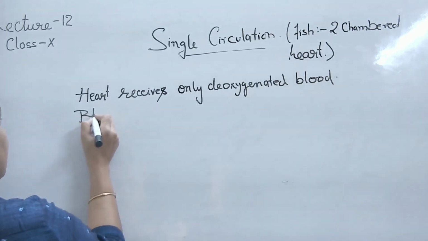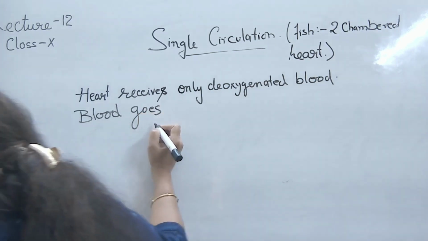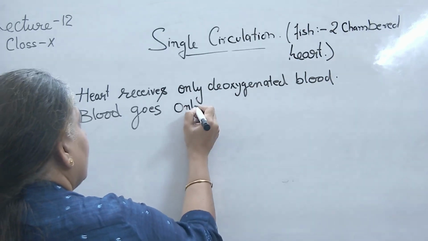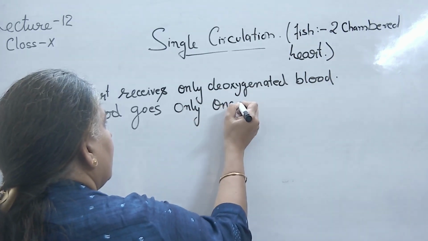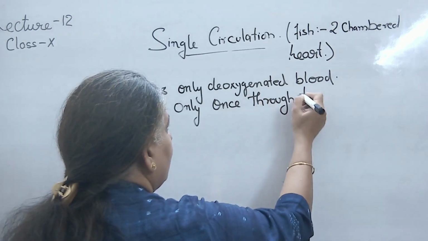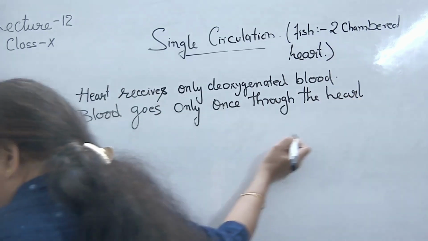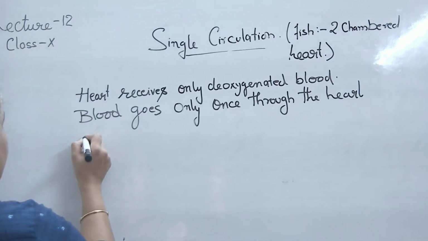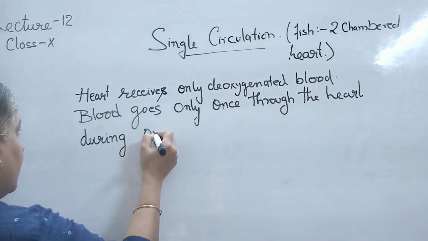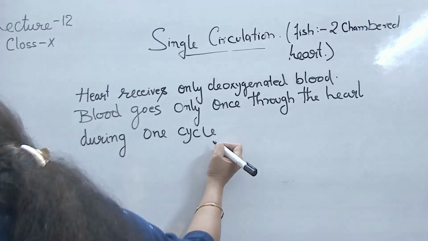Blood goes only once through the heart during one cycle of passage through the body.